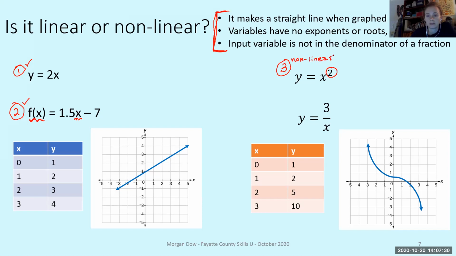And this fourth equation, y equals 3 over x, or 3 divided by x. Well, we see that the input variable is in the denominator of a fraction. So that would also disqualify it from being linear. It's going to make it non-linear.